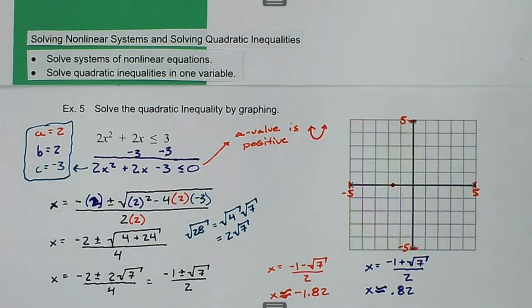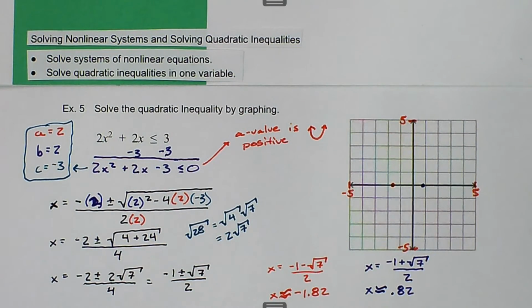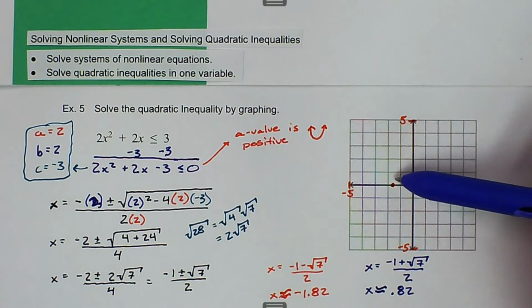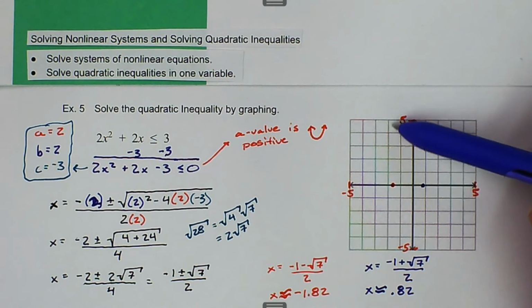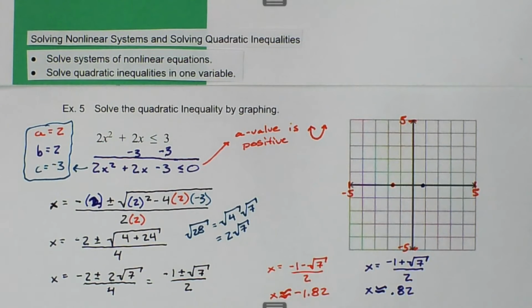And then over here, this one is 0.82. So 0.82 is not quite to 1. And we understand that our graph is going to open like this. So we can just make a quick sketch.